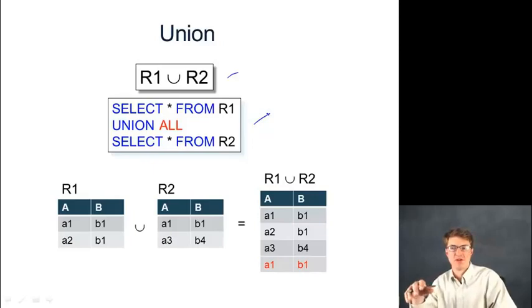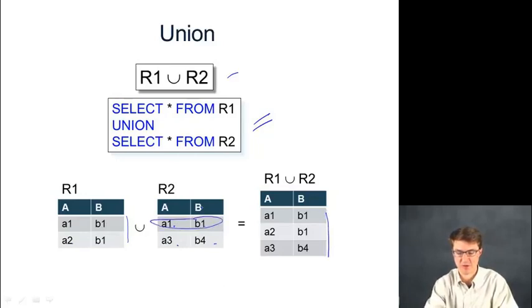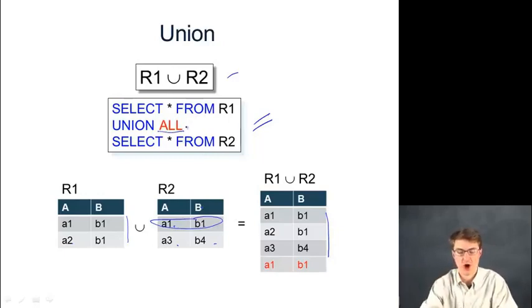Unqualified, union does indeed remove duplicates, in which case the answer is the union of this relation with A1B1 as a tuple and A2B1, and A1B1 and A3B4, is these three tuples. The duplicate of A1B1 didn't get passed through. To express this in bag semantics, to make sure we do include duplicates, you can say union all, and that would include all four tuples.